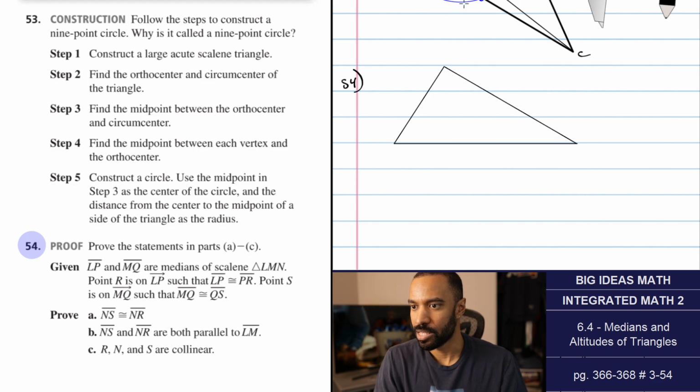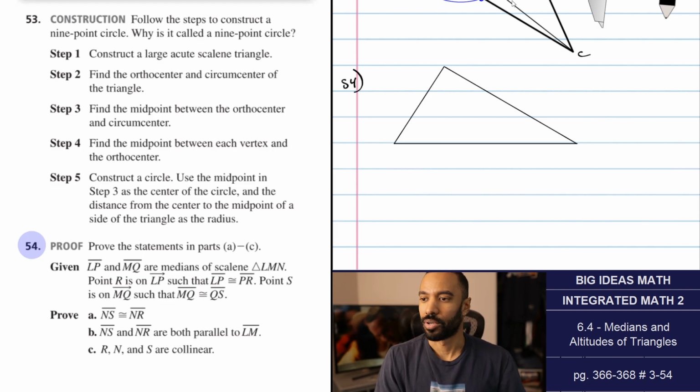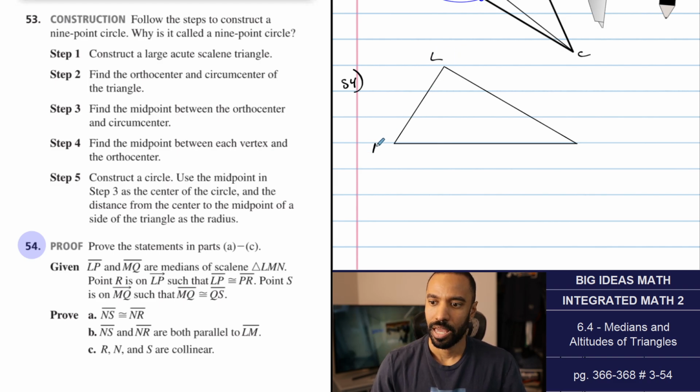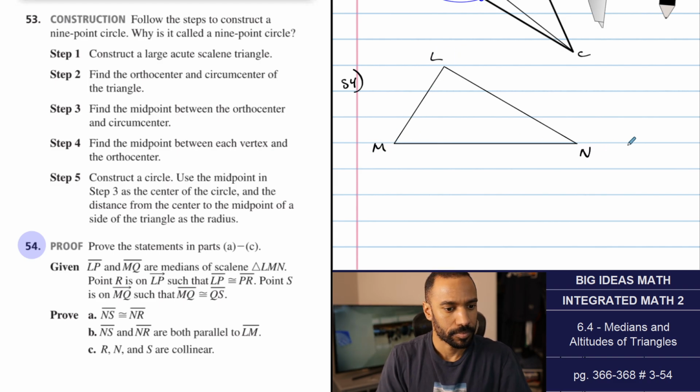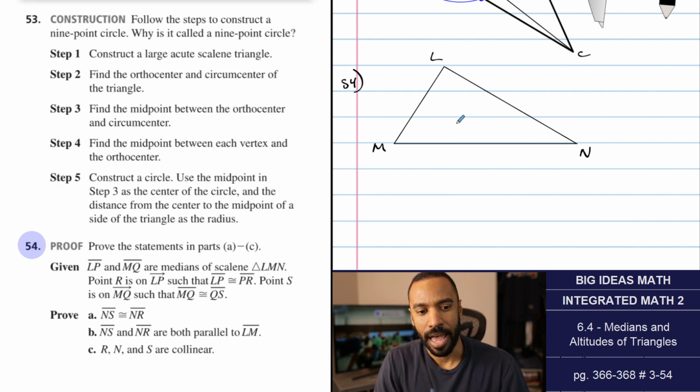Can't get more scalene than that. It doesn't matter if it's acute or not. Okay, so L, M, N. LP and MQ are medians of scalene triangle LMN.